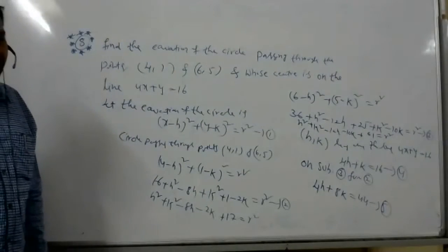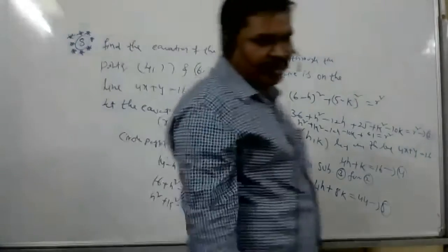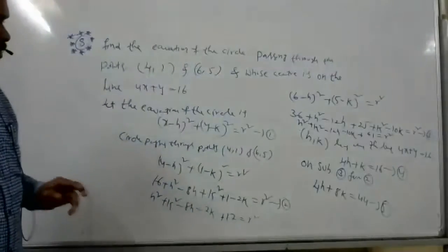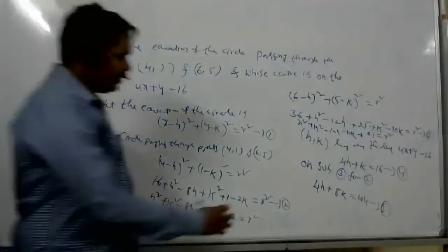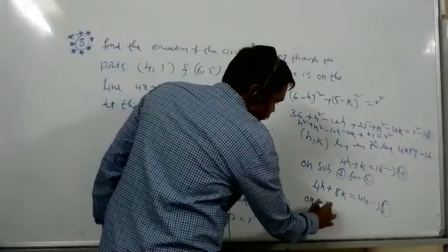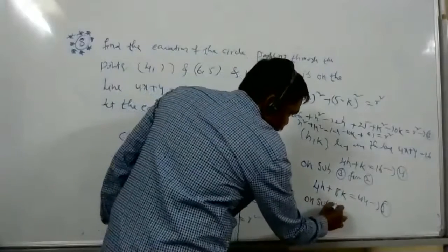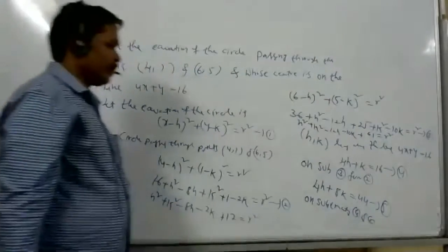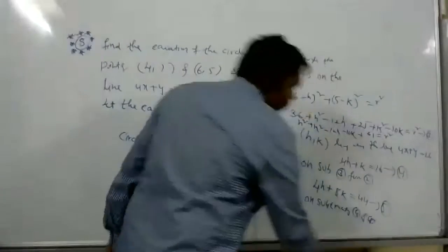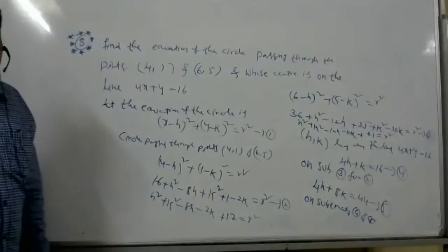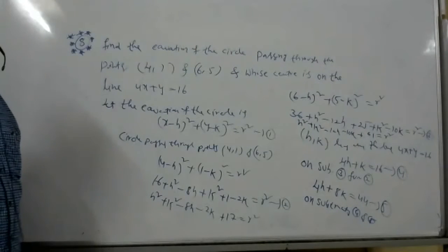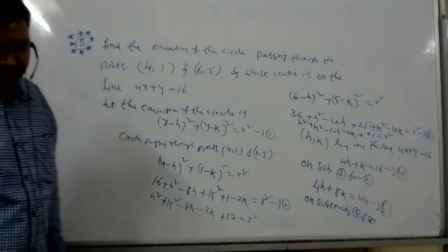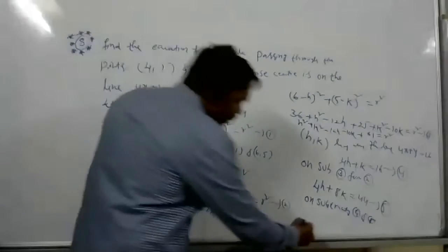Okay. Next, on subtracting 4 and 5, we will get k is equal to 4, right?